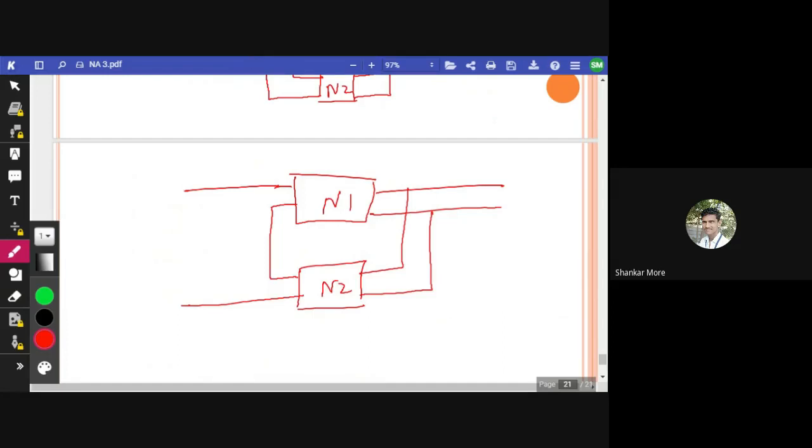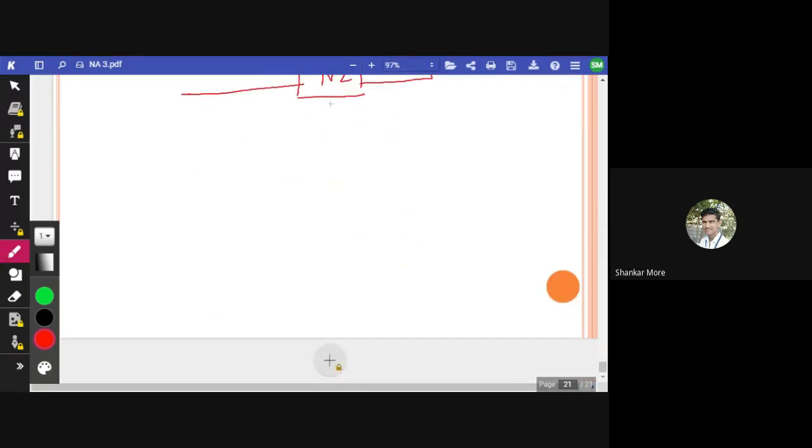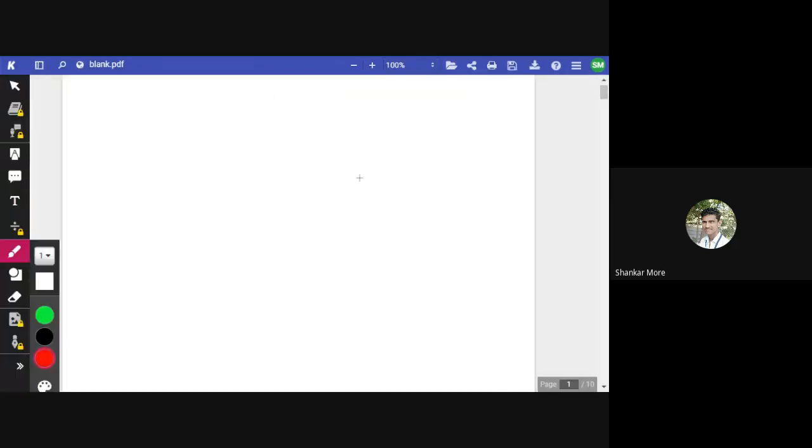So this is the example: input in series, but output in parallel. So why am I telling all this to you? Let me just take a new tab here because we are running out of pages. All right, I guess the new tab is visible to you. So what I was talking about, yeah.